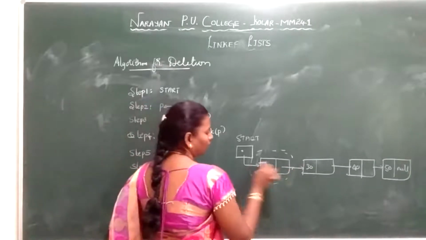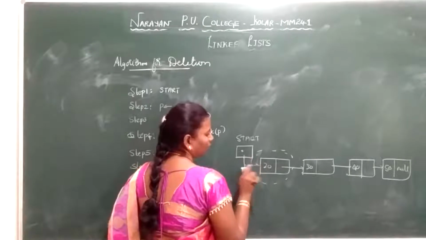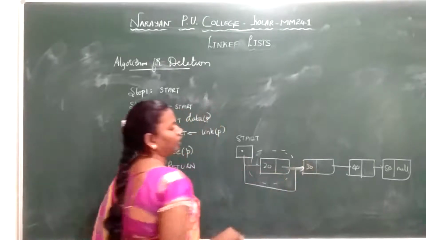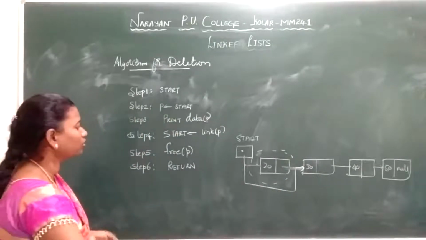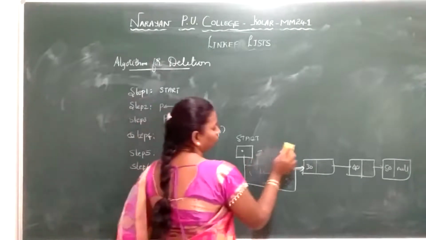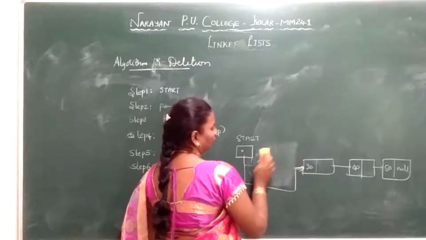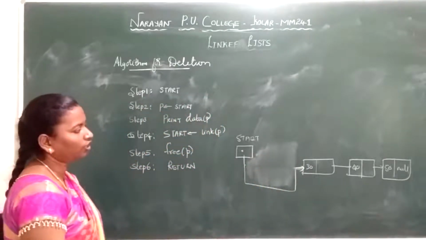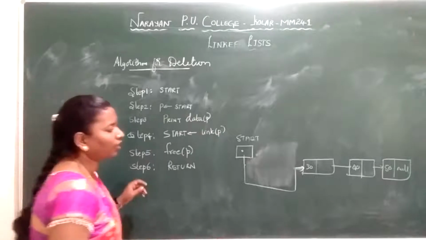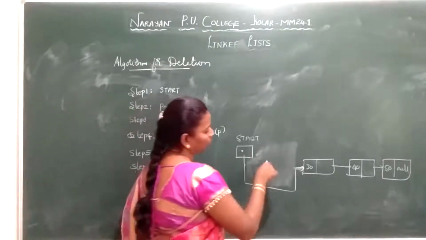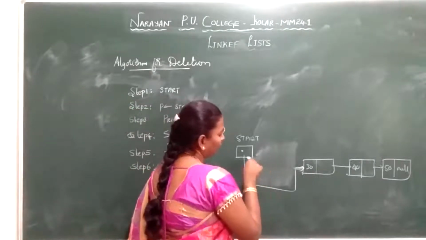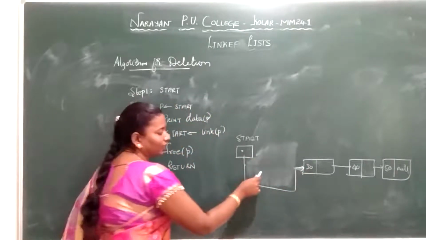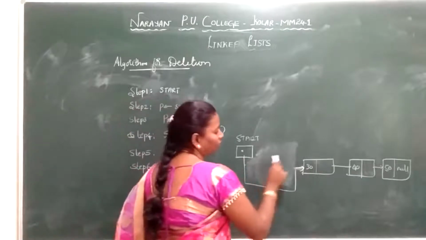If I want to delete this, I should give the link to your second node. That is how free of P will remove this node. After it is removed, it will be collected in your garbage collection or in the free pool, your memory pool, where we have unused memory. Because the link is given to the next node, the deleted node will not have any link with the first node.